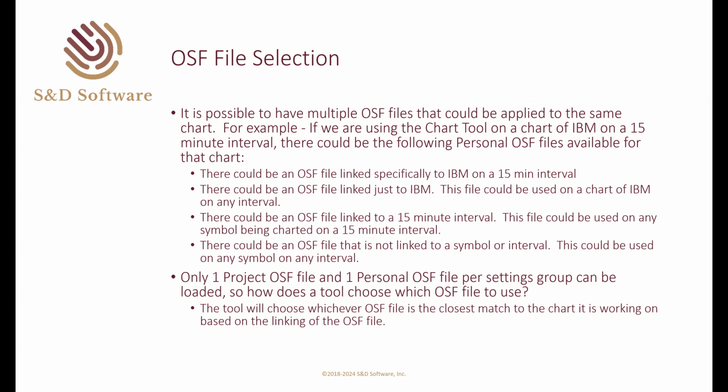It's going to continue proceeding down the hierarchy that way. If it can't find one that's matched to the symbol, it'll then try to find an OSF file that's matched to the same interval as the chart being created. And if it finds that, it'll run with it. But if it can't, it'll then see if there are any OSF files that are not linked to anything, in which case it'll take that.